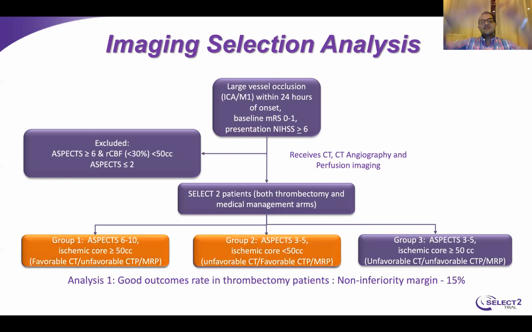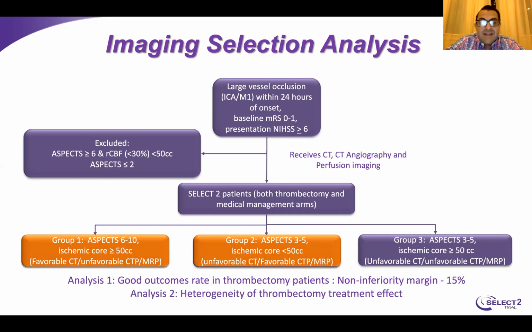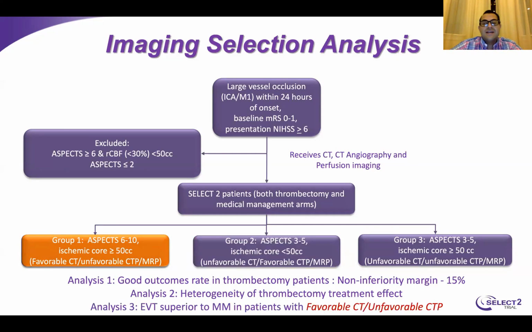Now, analysis 1 would be good outcome rates in thrombectomy patients. Non-inferiority margin 15%. Analysis 2 will be heterogeneity of thrombectomy treatment effect. And then, of course, analysis 3 is EVT superior to medical management in patients, specifically with a favorable CT and unfavorable CTP.